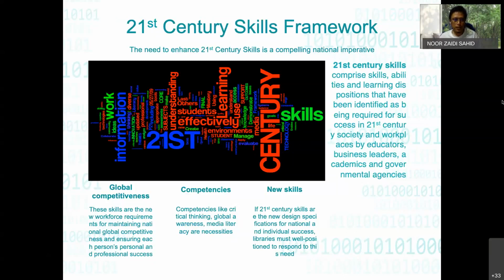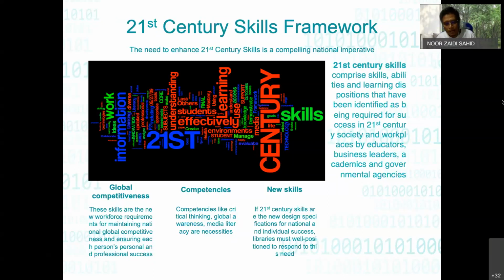Okay, I'll repeat once more. To compete with developed countries, or to become a developed country, Malaysia has put forward the 21st Century Skill Framework. So we must equip ourselves with the 21st century skill in order to compete at the global or international level.